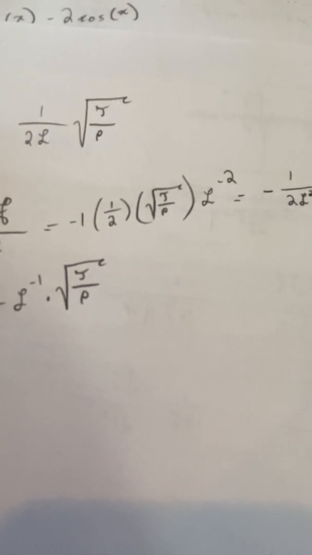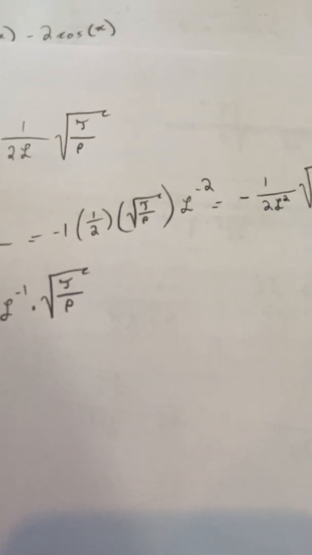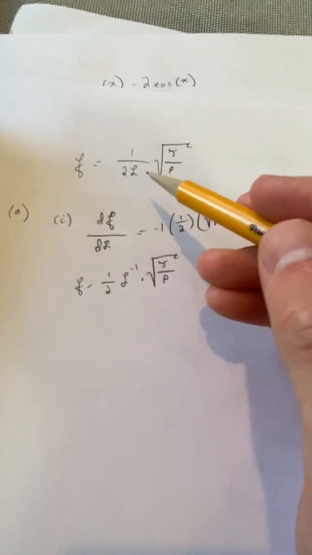Okay, so that would be one form of your final answer. If you even just left it as something like that, that would be fine too. There's a bunch of different ways to write this, but this is probably the neatest way. It's also probably the way that's most similar to the original format, which can be useful as well. So that would be your answer for A, Roman numeral 1.